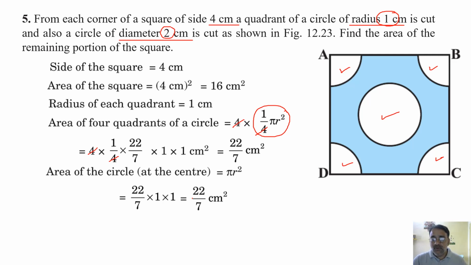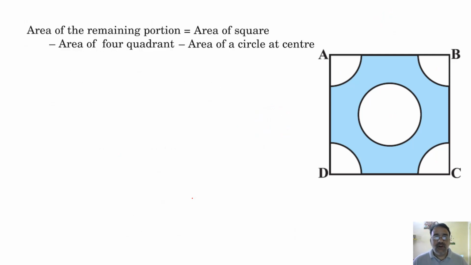So now we are going to write the final formula: the area of the remaining portion will be equal to area of square minus area of 4 quadrants minus area of center circle. Okay, so now we are going to substitute all the values. 16 minus 22 by 7 minus 22 by 7. So this will become 16 minus 44 by 7.